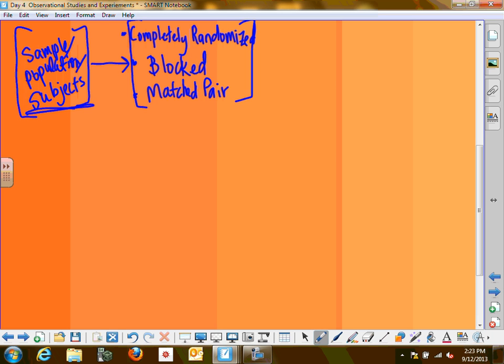Number 1, completely randomized means this: that you are going to put everything in one big bag, and you expect shaking it up and pulling them out and putting them in groups will disperse qualities evenly. Did you hear that?